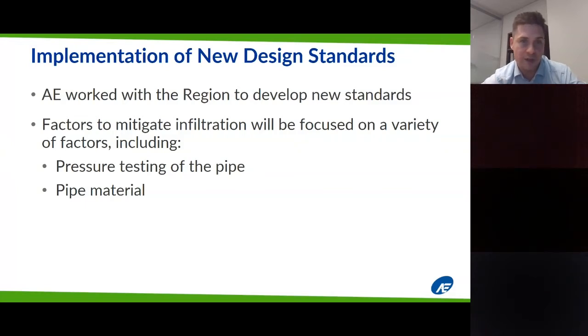Since then, the region has obviously taken it and further developed it, and they're great standards now for reducing inflow and infiltration. So some of the factors, again, with these new designer standards were to mitigate the infiltration, and it was to focus on a variety of factors. But for this presentation, we're just going to discuss the pressure testing of this pipe and the pipe material itself.